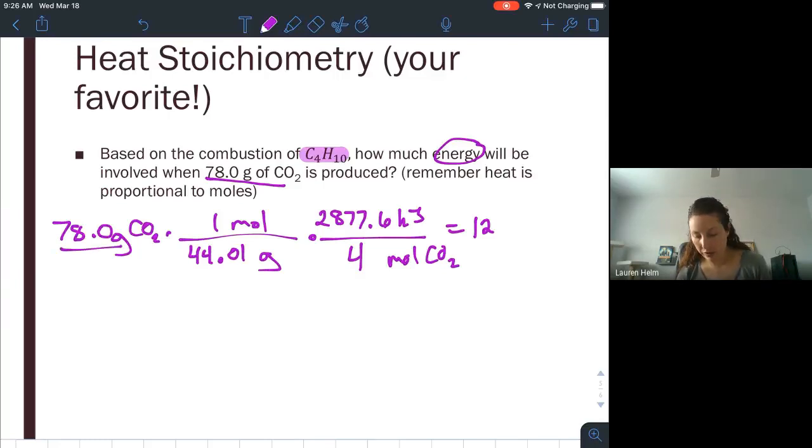So my answer is going to be 1,280 kilojoules, or in scientific notation, let's write that more clearly. 1.28 times 10 to the third kilojoules.